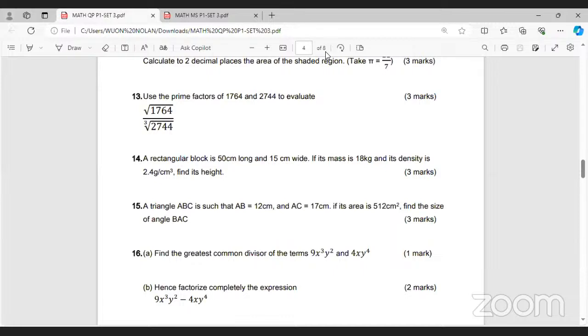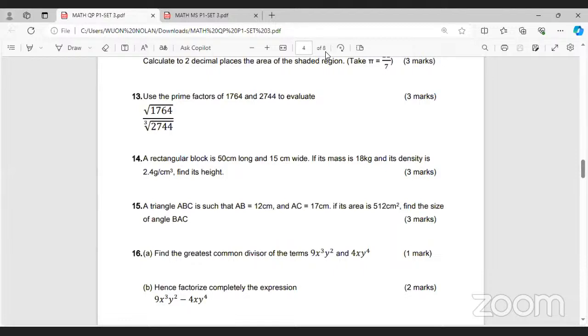The first method mark will be scored when we see the evidence of use of prime factors. So it means the number 1764 must be written in terms of its prime factors, and the number 2744 should also be written.